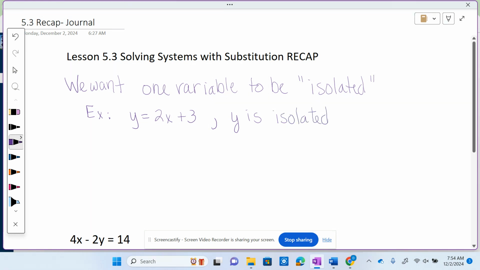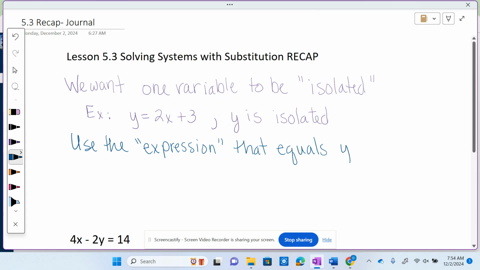We have y all by itself on one side. You use the expression that equals y to substitute in to the other equation.